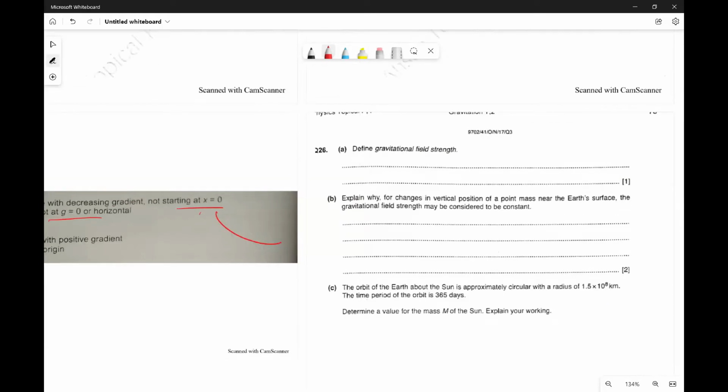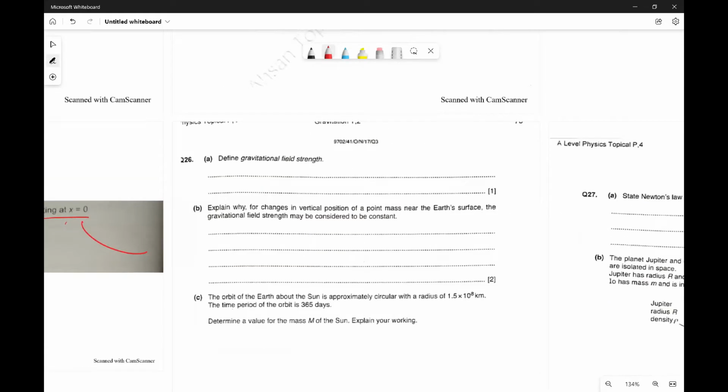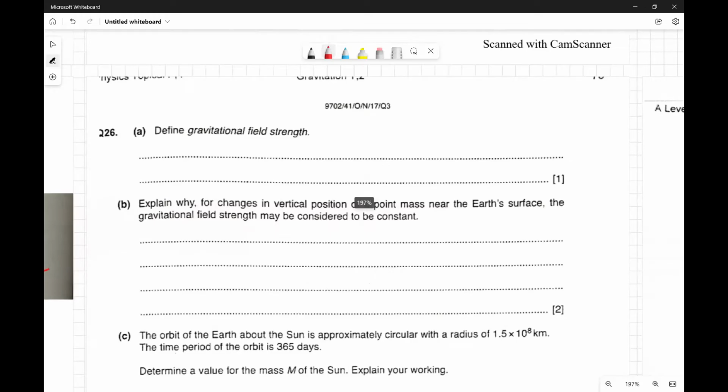Okay. So question number 26: define gravitational field strength. Force per unit mass on a point mass placed at that particular point. How many marks is the definition? It's a 1 mark definition, so you can write anything that is valid.